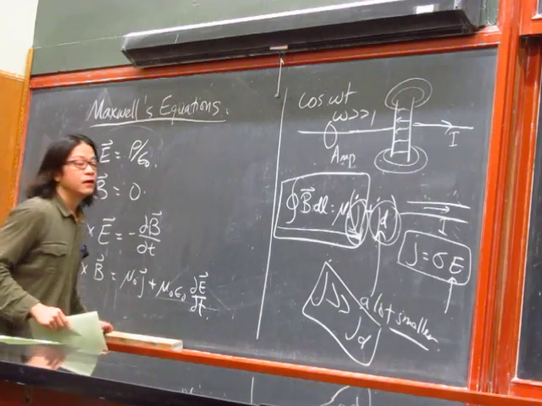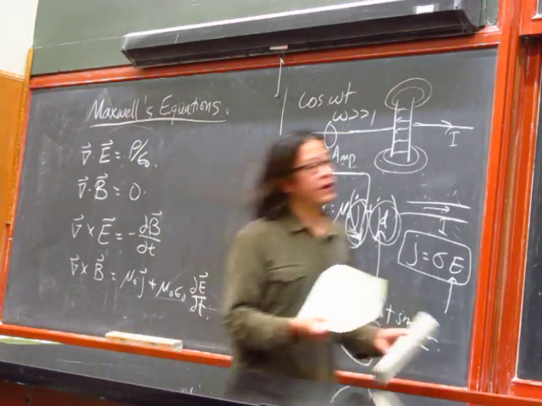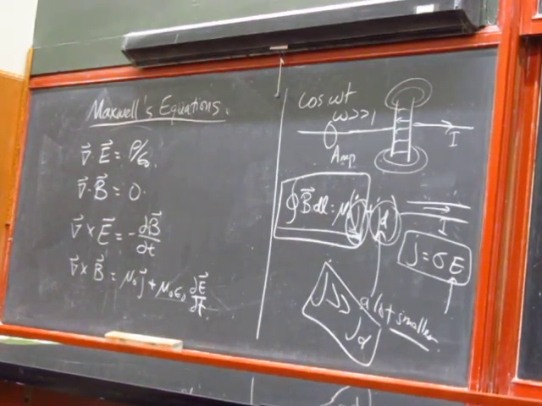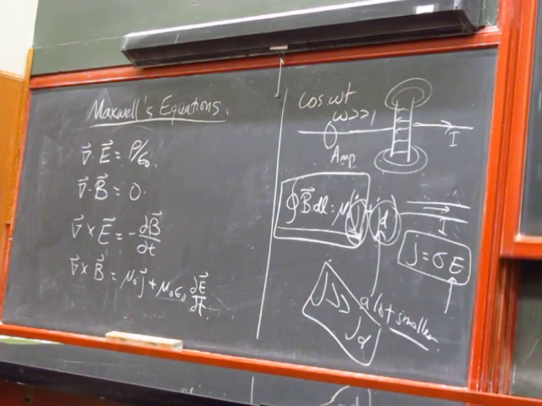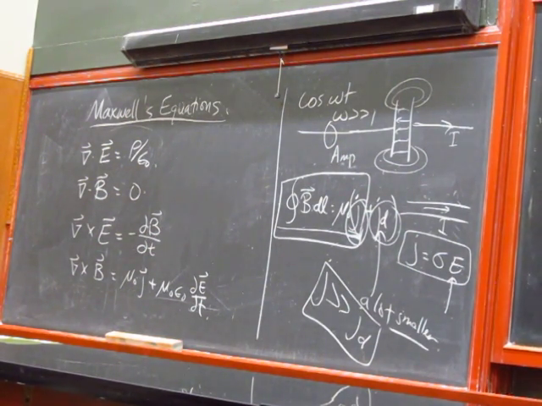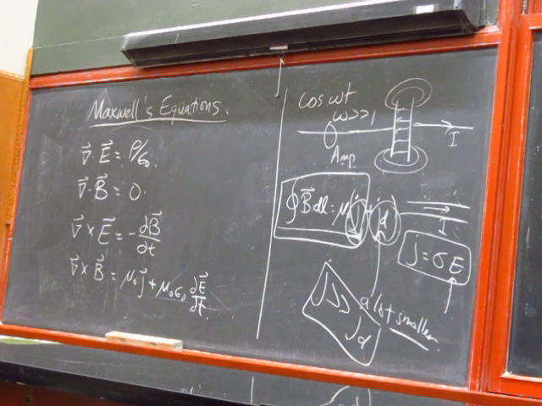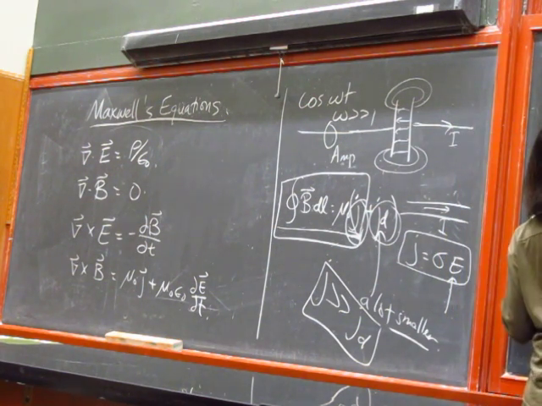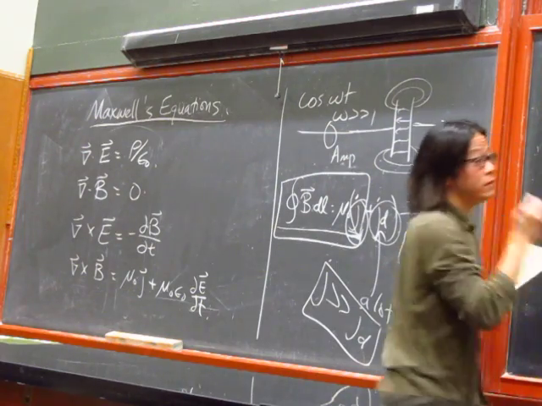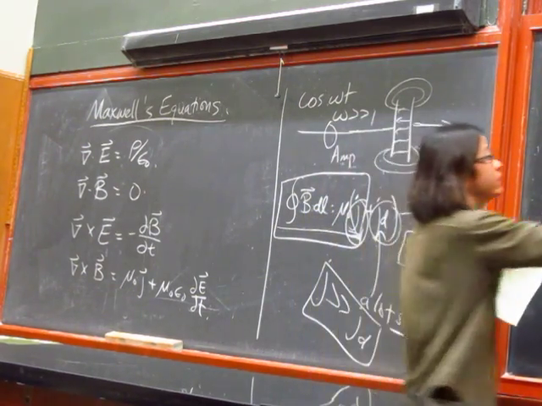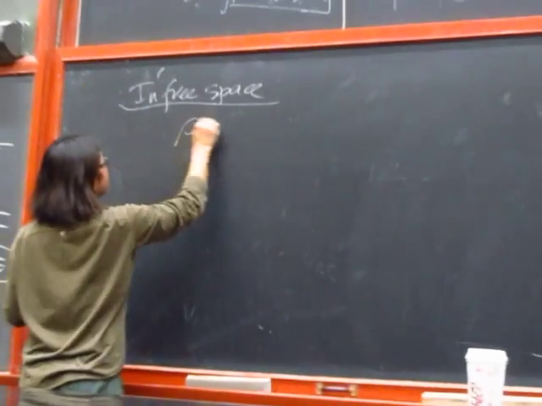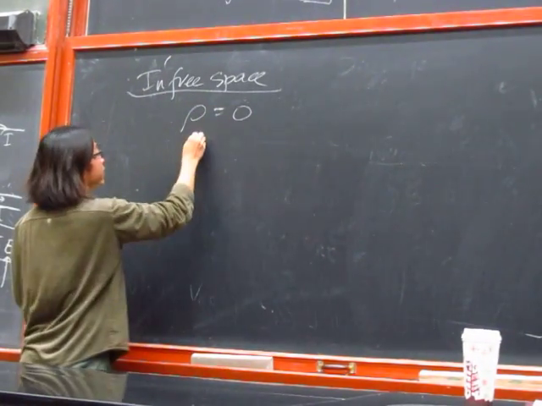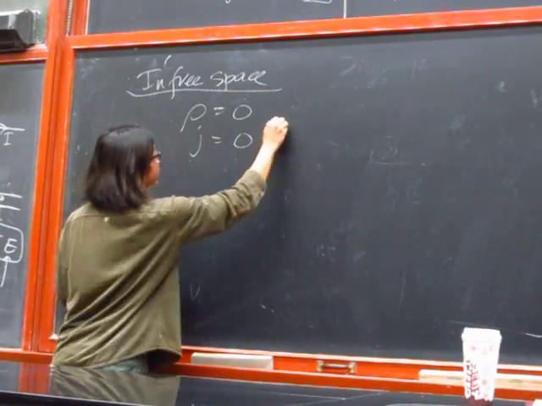Now, in free space, suppose I look at a region or volume where rho is equal to 0 everywhere, and J is equal to 0 everywhere.